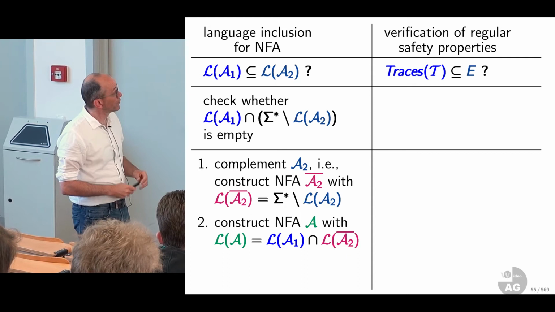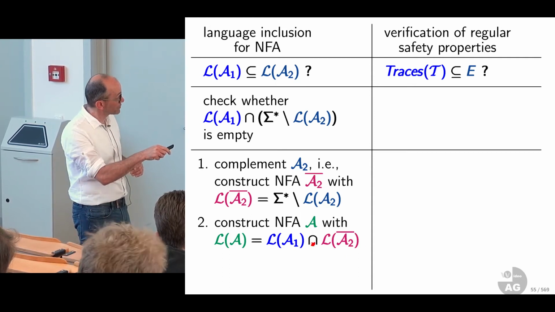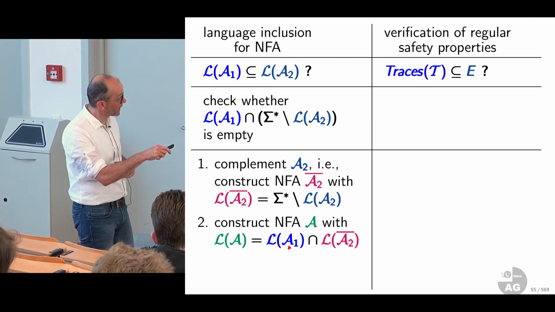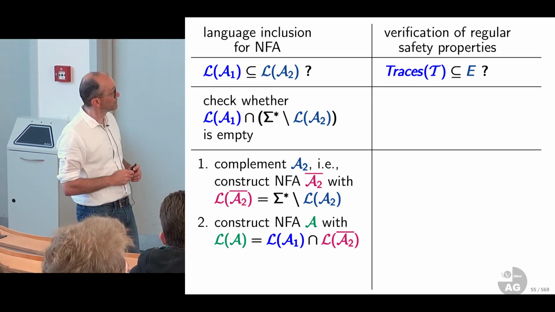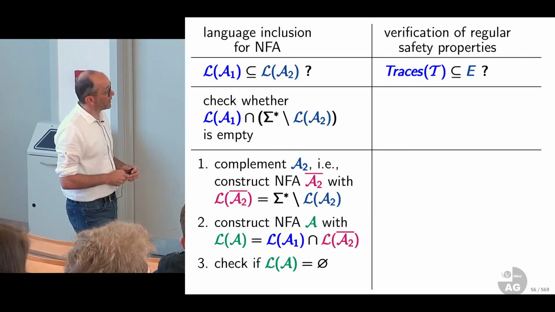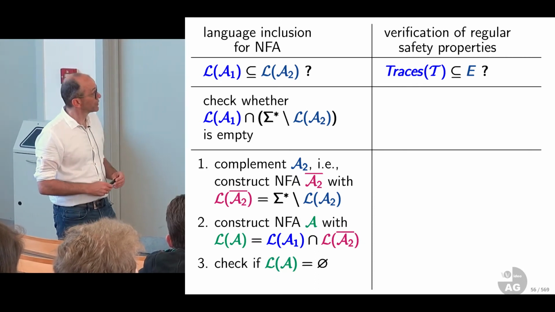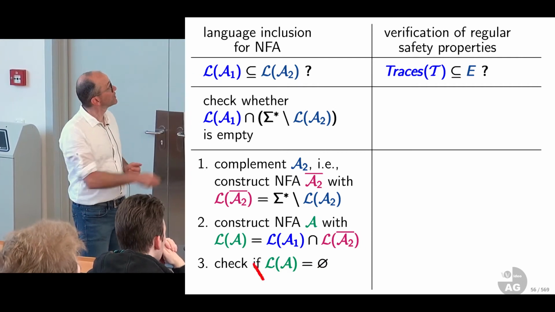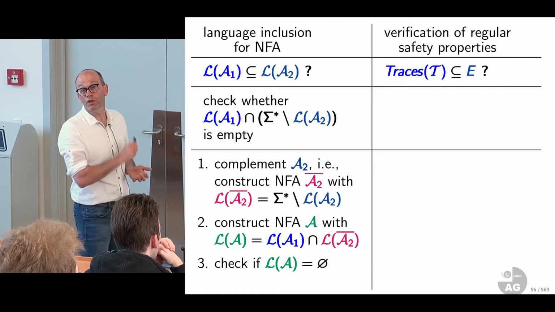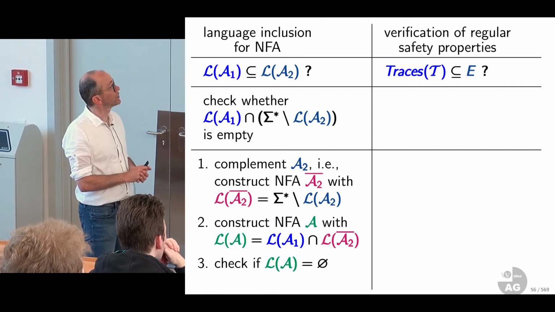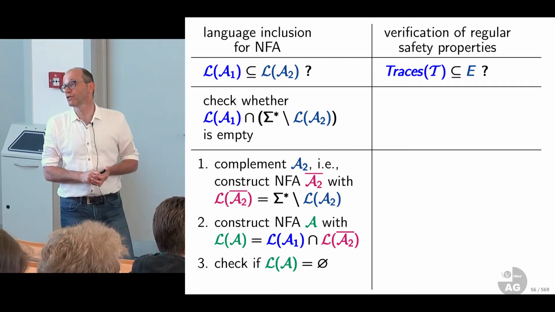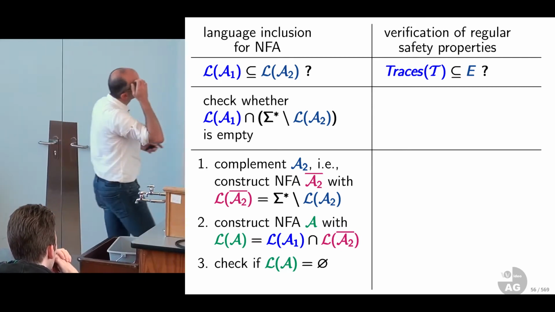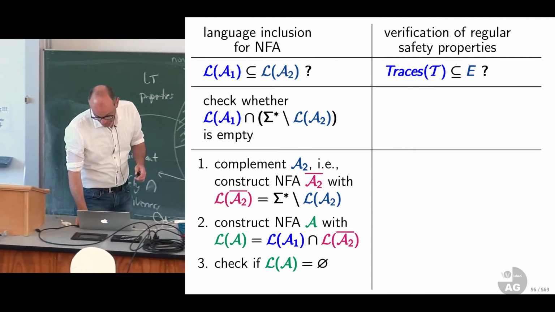Then you construct an NFA that accepts the intersection between the language of the first automaton and the language of the complement of the second automaton. And then you check whether this language is empty or not. Yeah? Because that means that we can finally answer the question, is A1 included in A2 or not? If the intersection is empty, it is included, and otherwise it is not.